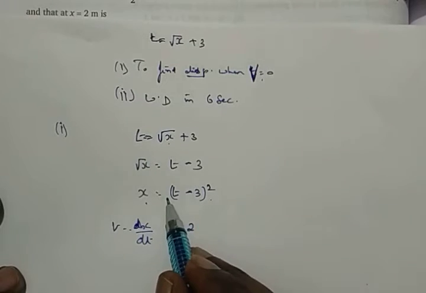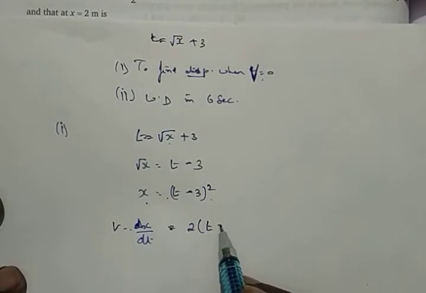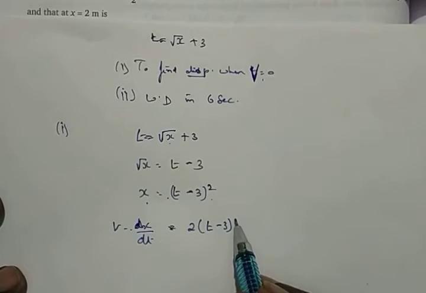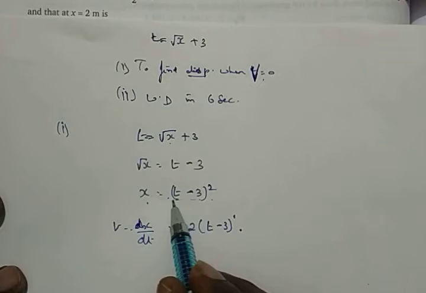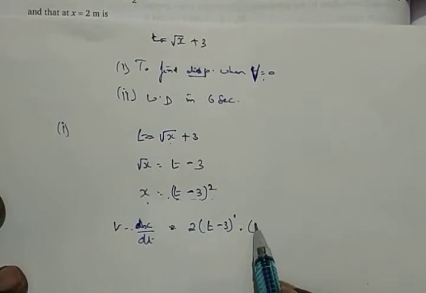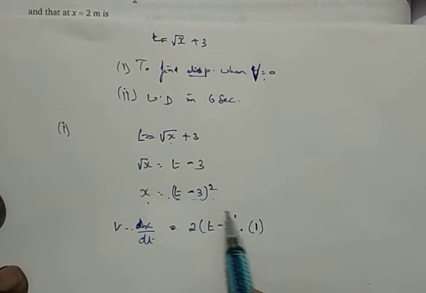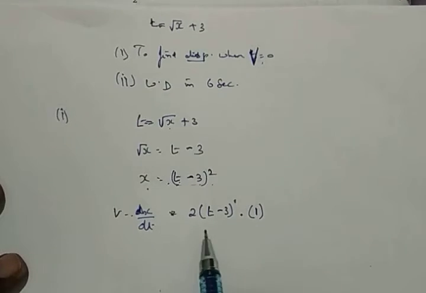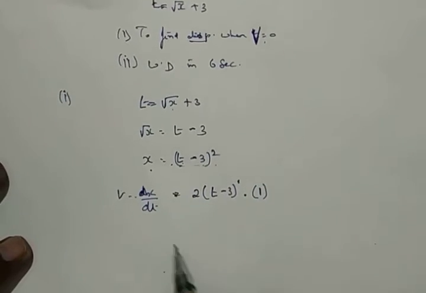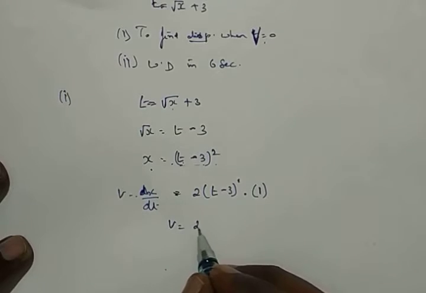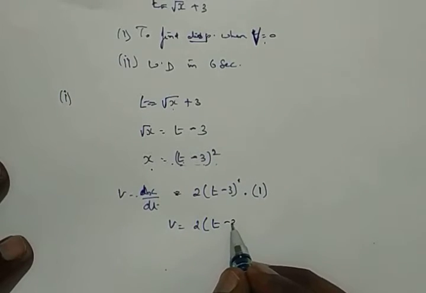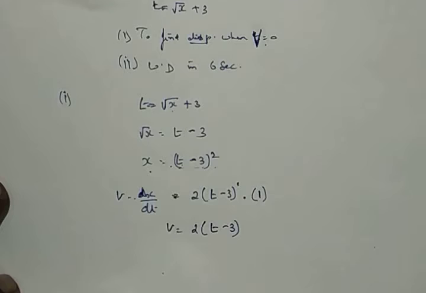This 2 will come here into t minus 3 to the power of 1 multiplied by the differentiation of what is inside. That will become 1 itself, because differentiation of t with respect to t is 1. So the velocity is going to be equal to twice of t minus 3. That's what the velocity is.